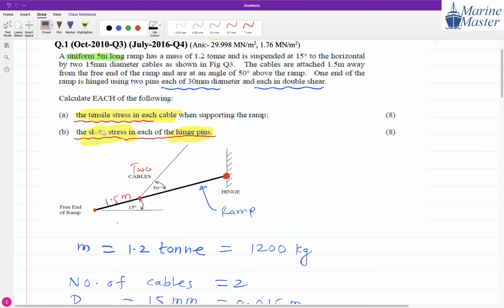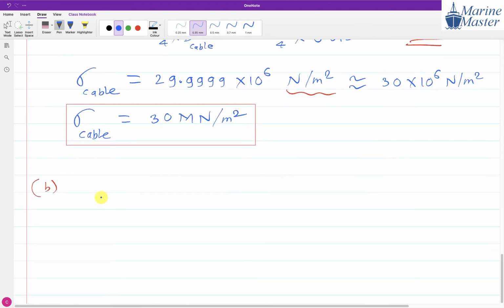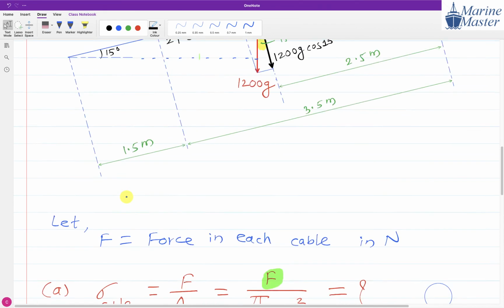And how to get that shear stress? So tau pin. How many pins do we have here? 2 pins. Each pin is in how much shear?